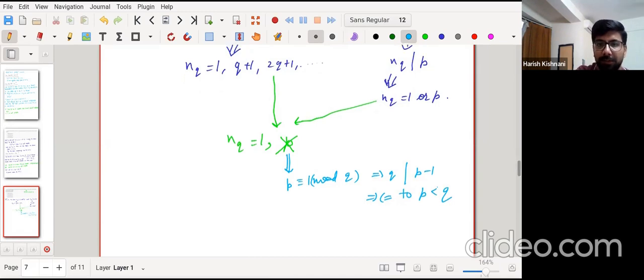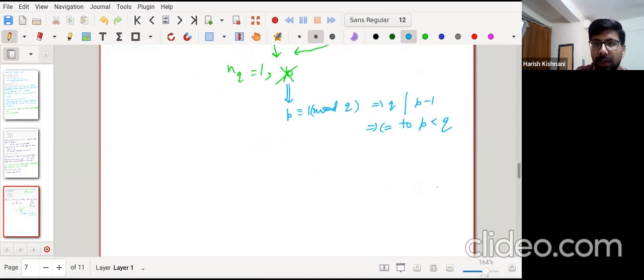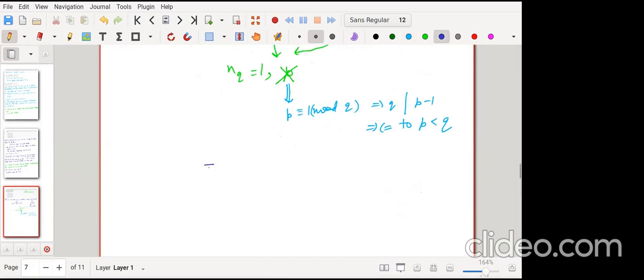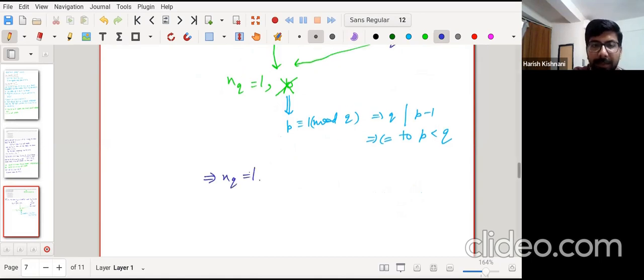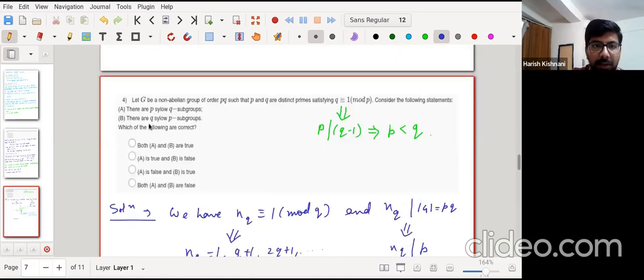So NQ has to be 1. The statement saying that there are P many Sylow Q subgroups is clearly false. The number of Sylow Q subgroups is just 1.